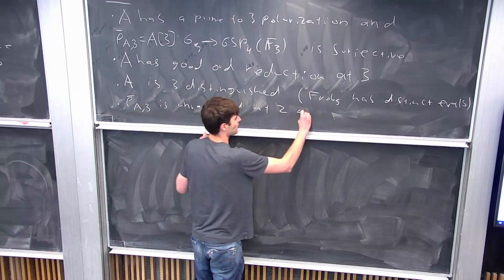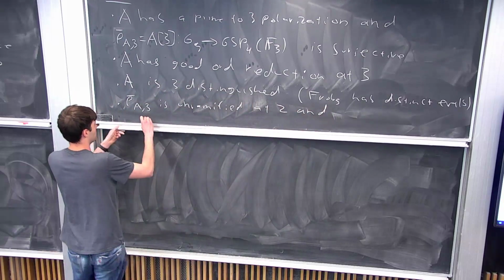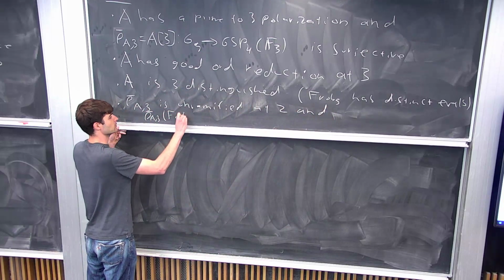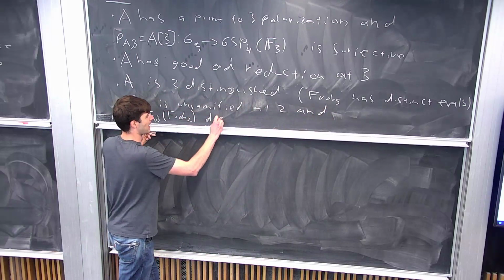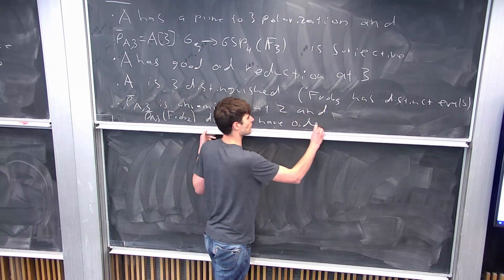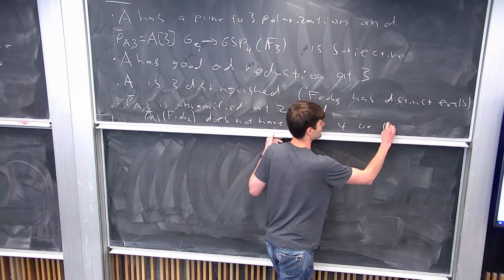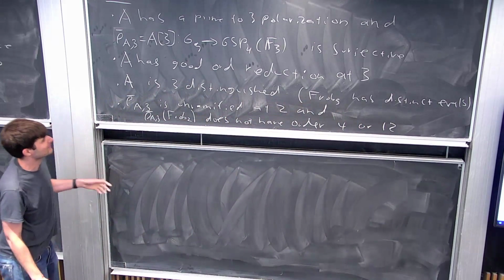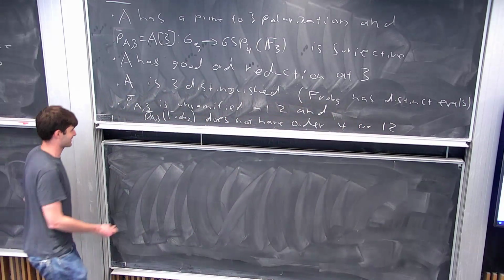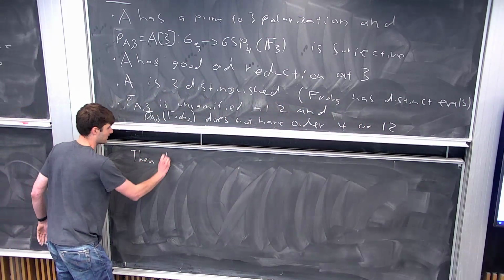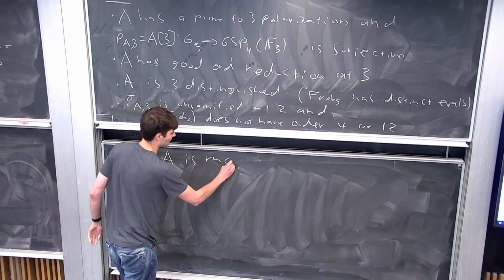And moreover, if you look at Frobenius at 2, this does not have order 4 or 12. Okay. Now I've left myself no room to write the statement of the theorem, but I guess you can kind of guess. Then A is modular.